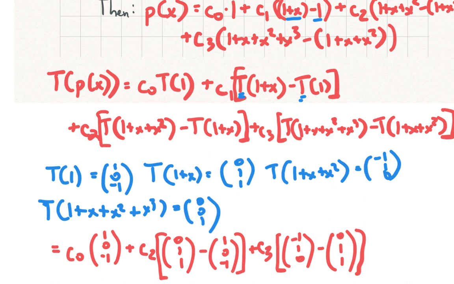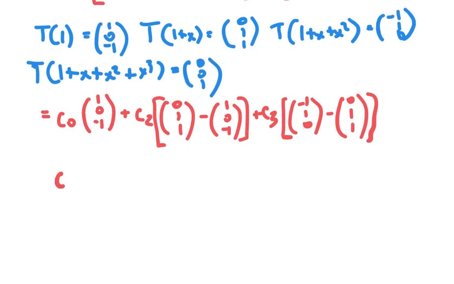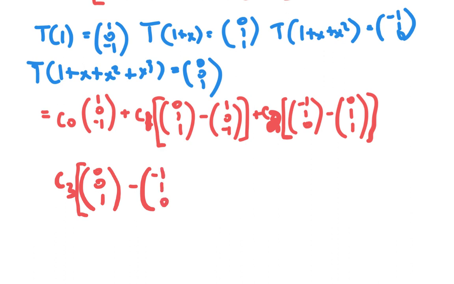And then finally, this will be C3 times (T of 1 plus x squared plus x cubed, which is 0, 0, 1, minus T of 1 plus x squared, which is negative 1, 1, 0). So now we just have to work this out.